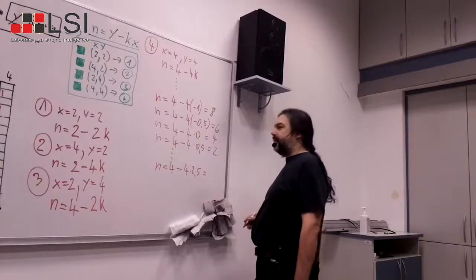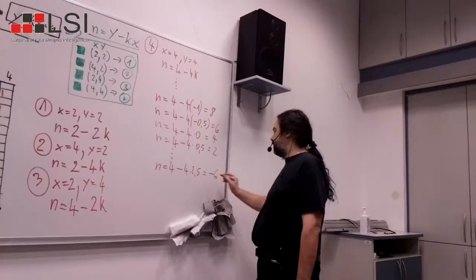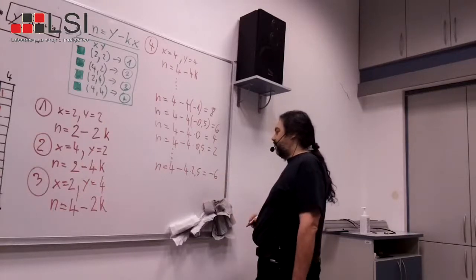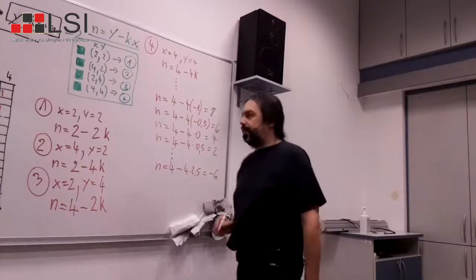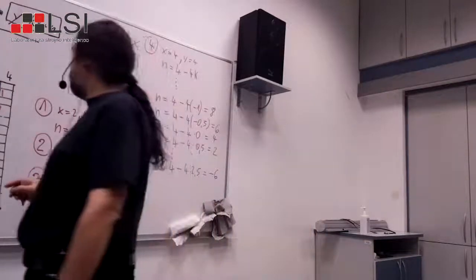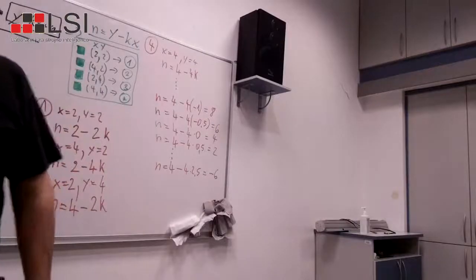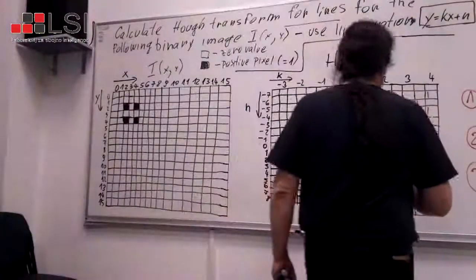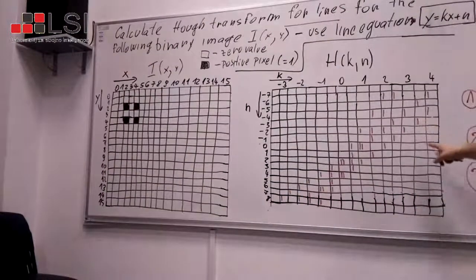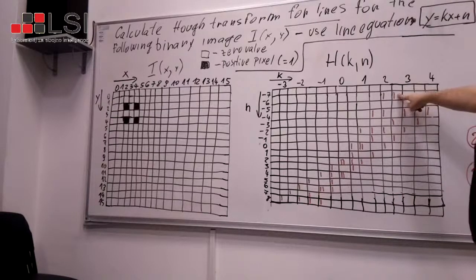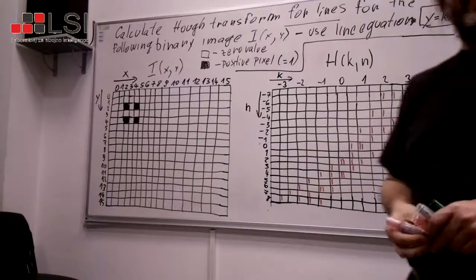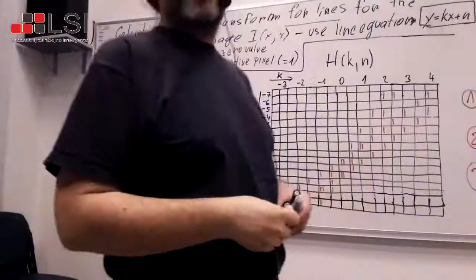This is 4 minus 10. 4 minus 10 is minus 6, I think. And yeah, this was the last one I put into the accumulator. So here we have 2.5, and the result was minus 6. And yes, we calculated our Hough accumulator.